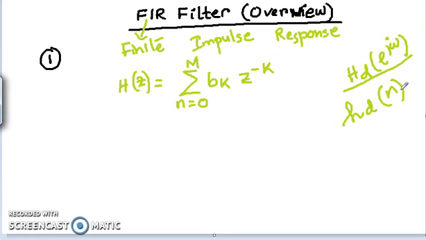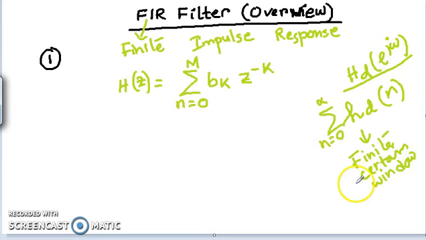This is basically ranging from 0 to infinity, so it is an infinite impulse response. Now applying a certain windowing technique, we can make it finite.